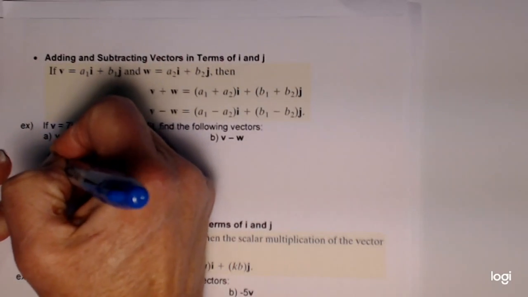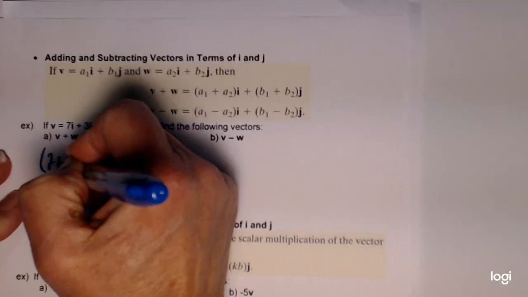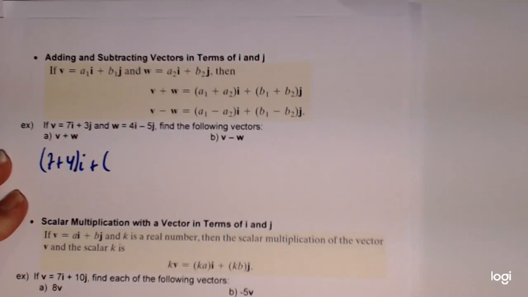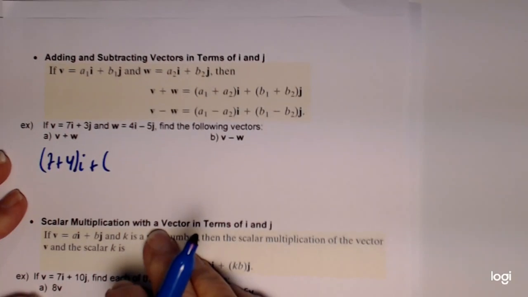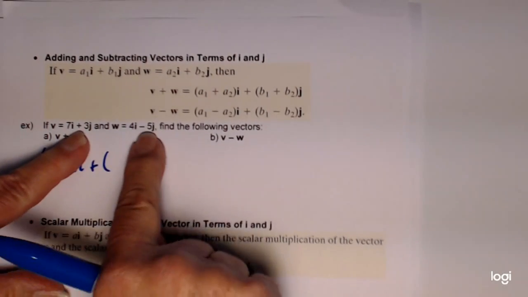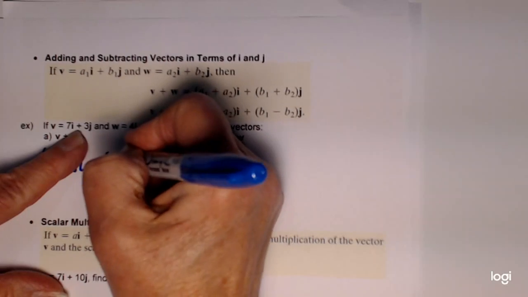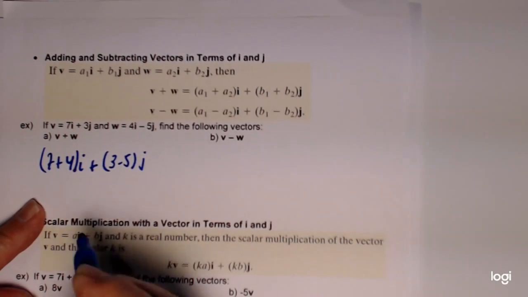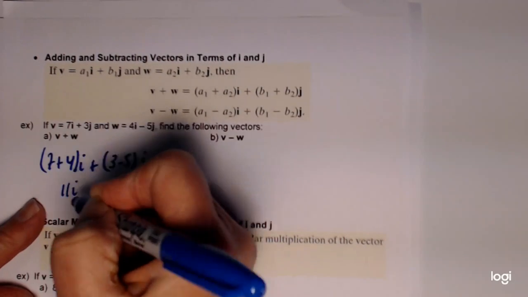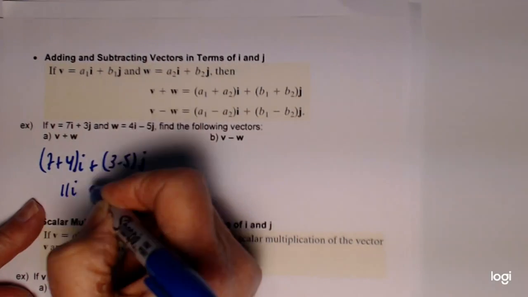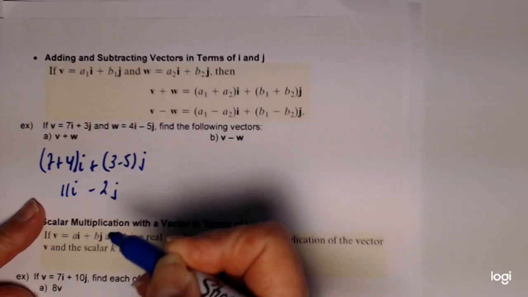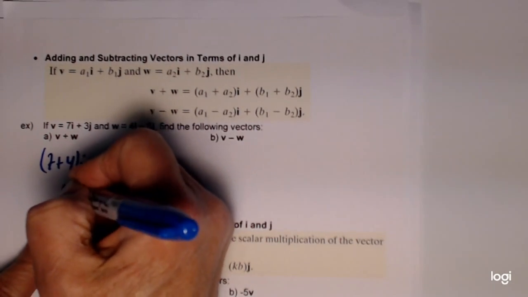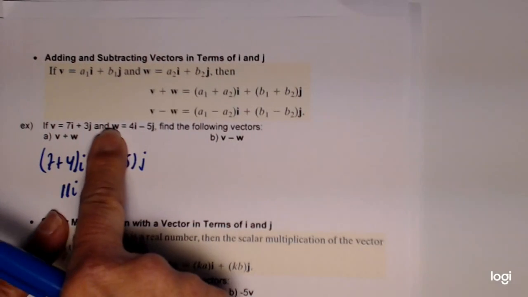And now we're going to add what's in front of the j's. So we have 3 and negative 5, so 3 minus 5, and that's the j. So 7 plus 4, we have 11i. 3 minus 5, we have minus 2j. So this is a new vector, which is the result of adding these two.